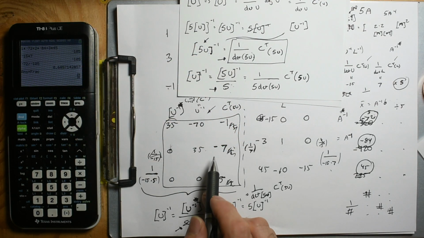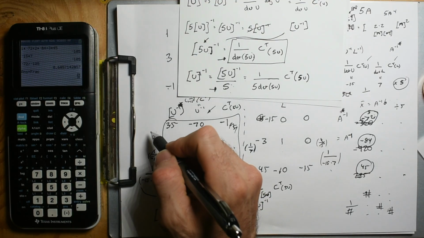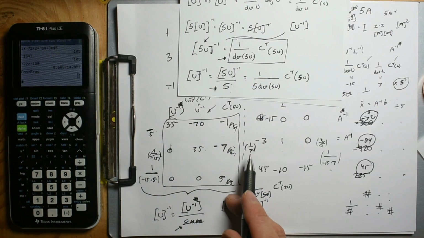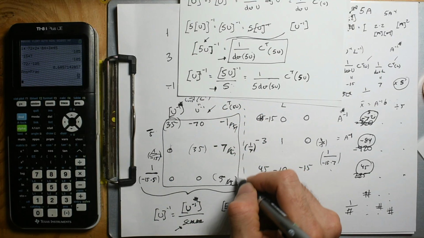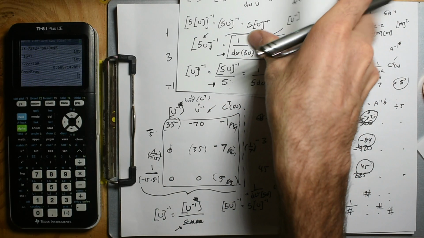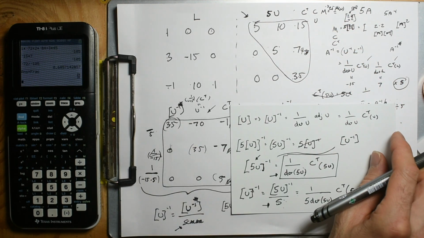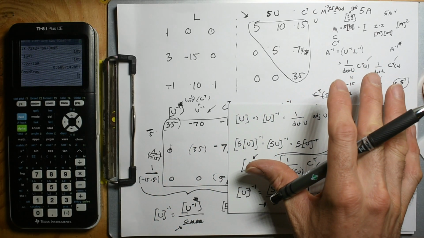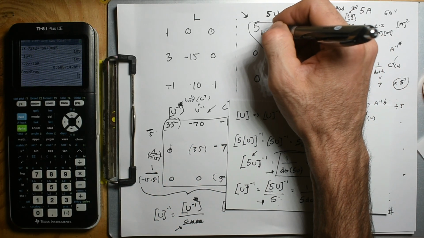And when we took this inverse transposed of 5u, we needed to divide this by a factor of 5. We were too high on this one. But if I'm saying that I'm actually going to use the determinant of 5u, like this, 5 times 5 times 35, then we're 5 times 5 times 5 too high. Because this should be 117. So that's what's happening there.